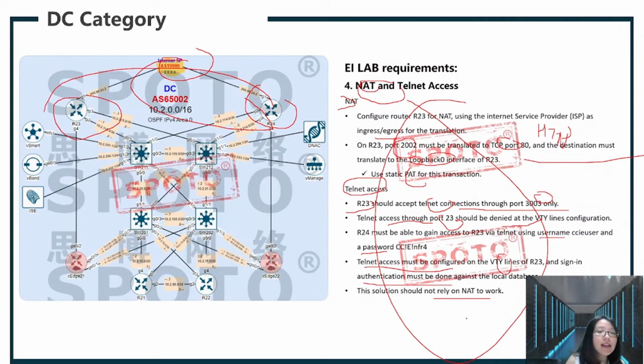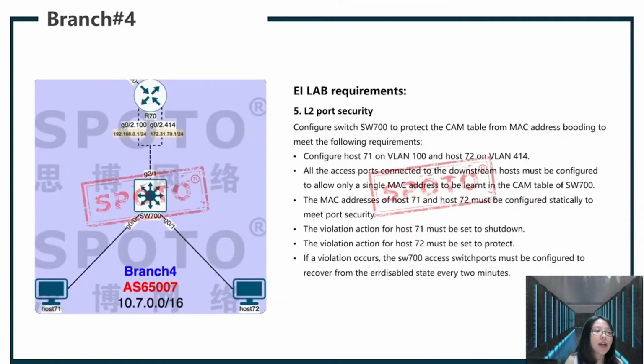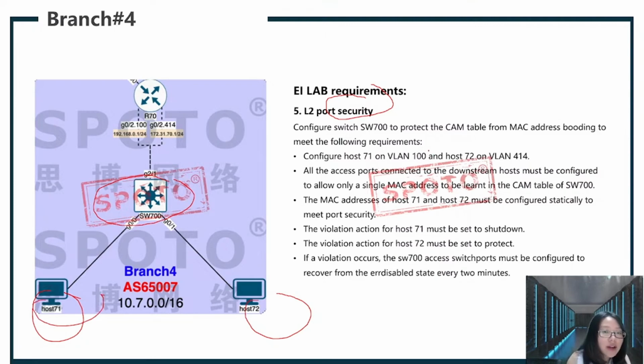Okay, so let's see the next requirement about layer 2 port security. We need to configure host 71 and 72, with 71 on VLAN 100 and 72 on VLAN 414.